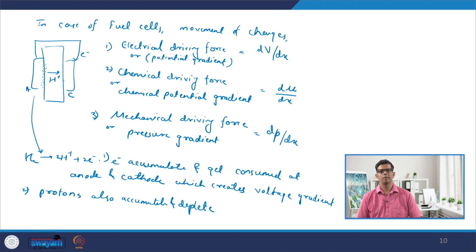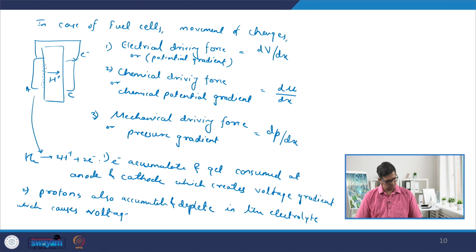As and when we start drawing current, the protons also travel and get depleted at the cathode side. So, this accumulation and depletion of protons also happens in the electrolyte, which causes voltage and concentration gradient.